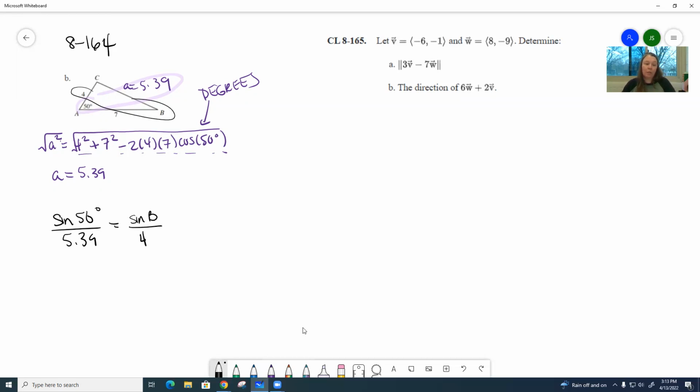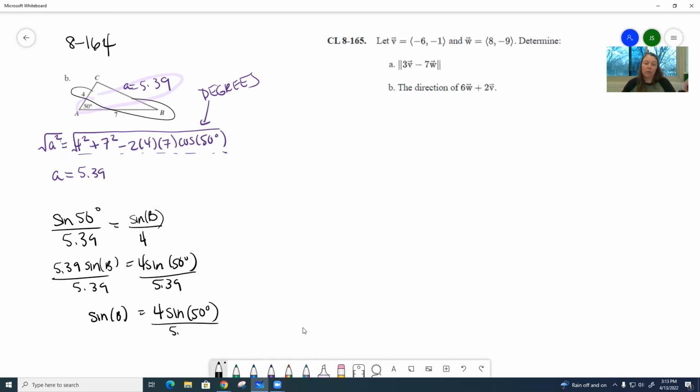And then I would cross multiply, so I would have 5.39 times the sine of B equals 4 times the sine of 50, and then I would divide by 5.39. I really wait until the very, very end to actually put any of this in my calculator. Like I would in my calculator, literally, I put this in, but then I'm not done because I want to know what angle B is.